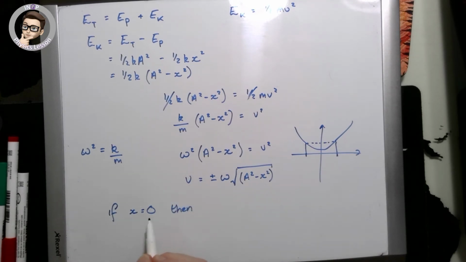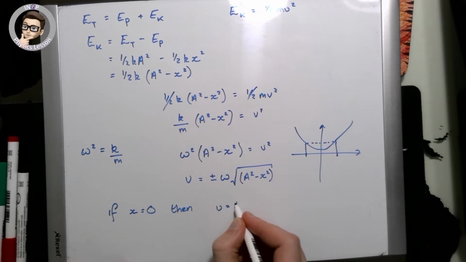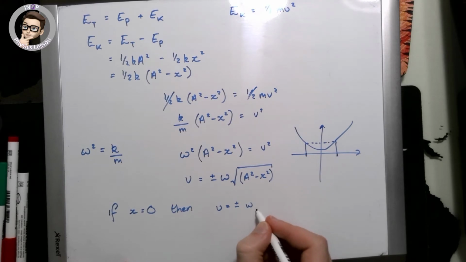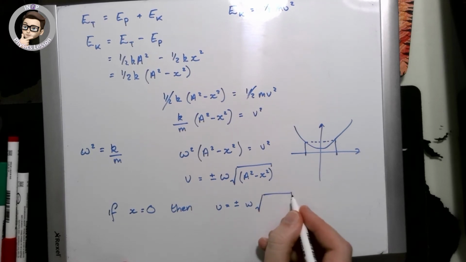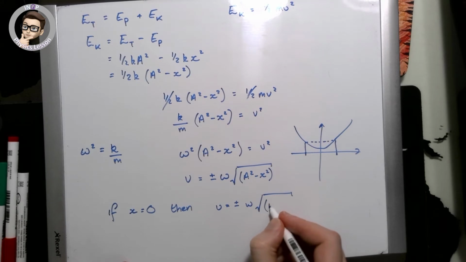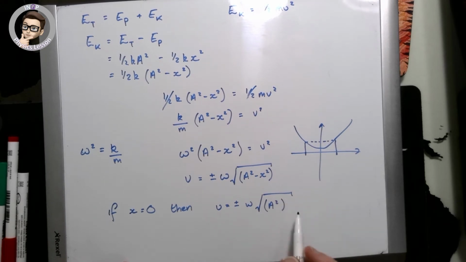Because if x is 0, remember, we're going through the centre, the equilibrium point of our spring. So we can say that v is going to be equal to plus or minus omega square root of a squared, and because we've got 0, we can lose that x part, and the square root of a squared is in fact just a.